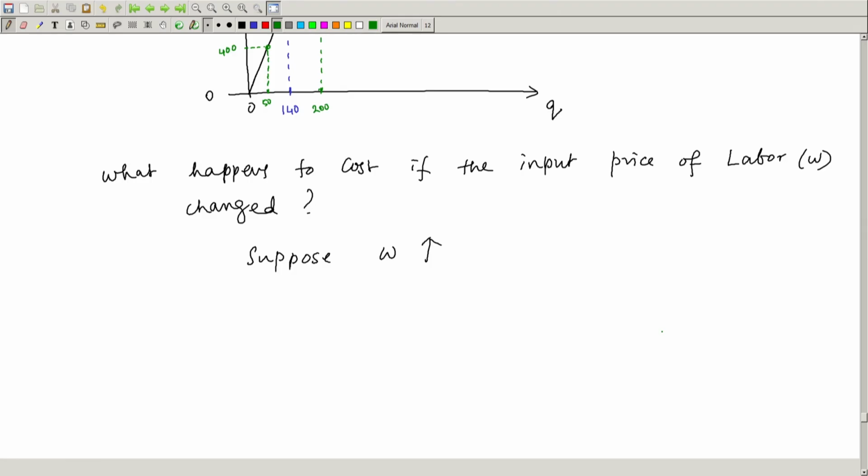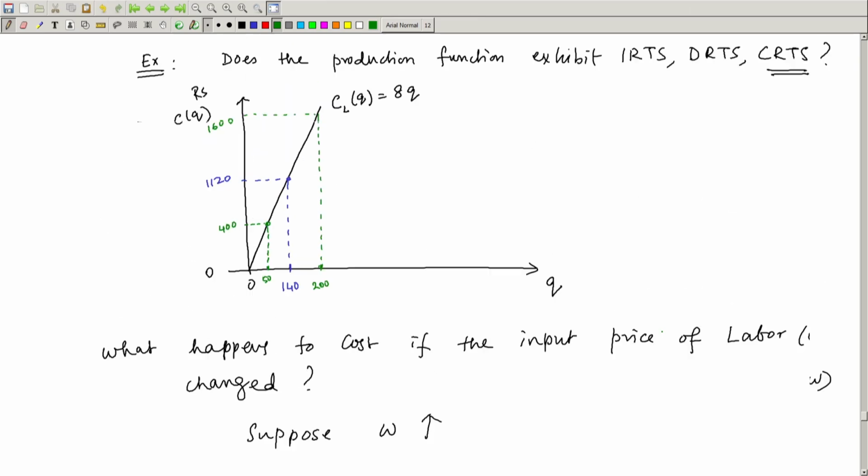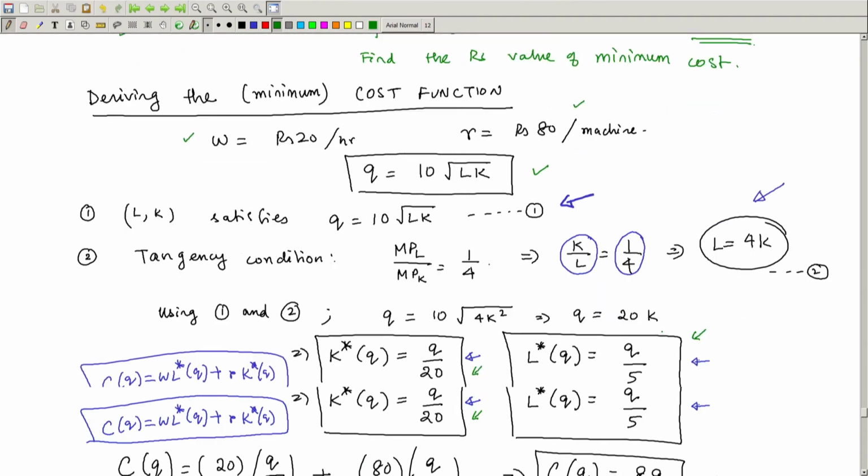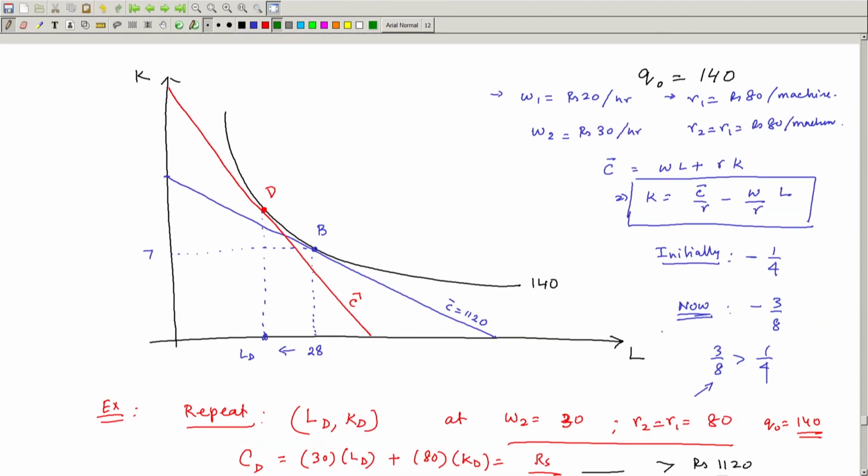Then we said, well, what happens if the input price of labor changes? So suppose the wage rate becomes higher. Previously it was 20 rupees per unit, now suppose it becomes 30 rupees per unit. We can again repeat this exercise. We will get a new long run cost function because the input prices have changed, specifically the price of labor.